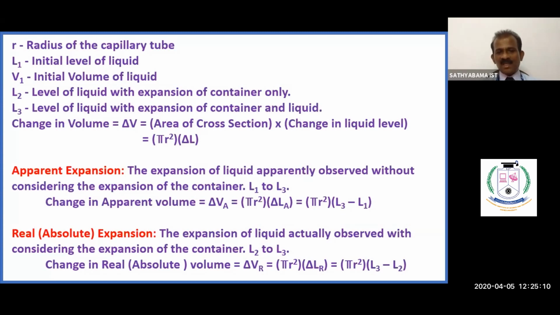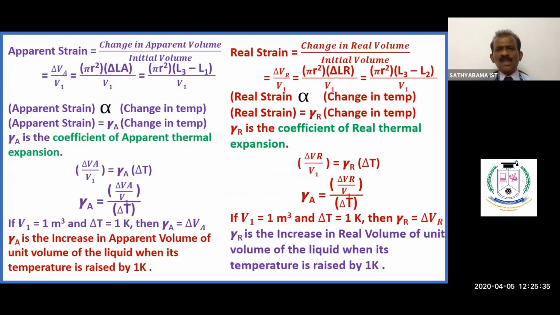Similarly, real or absolute expansion, here we have to consider both expansion of solid and liquid. Therefore, L2 to L3. So, change in real volume is del VR, that is pi r squared del LR, nothing but pi r squared into L3 minus L2. Here, we can use that strain formula.